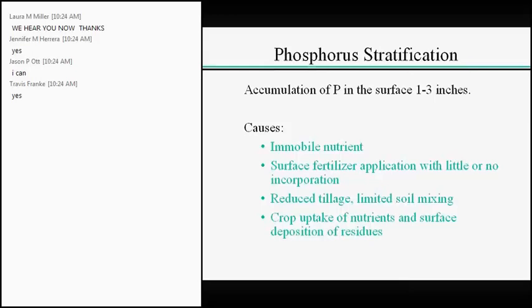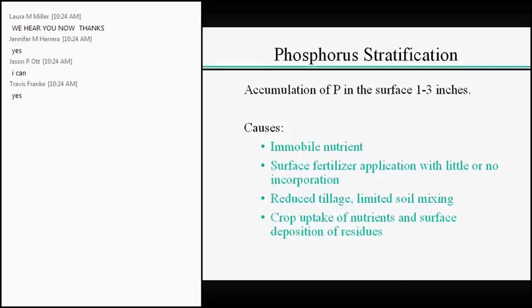The reduced tillage or limited soil mixing really plays a big role in this stratification. If we have people that still till every once in a while, we don't necessarily recommend conventional tillage anymore, but we do recommend that if you're using no-till, approximately every 4 to 5 years you go out and actually till the soil 3 to 6 inches deep. This does a couple of things.